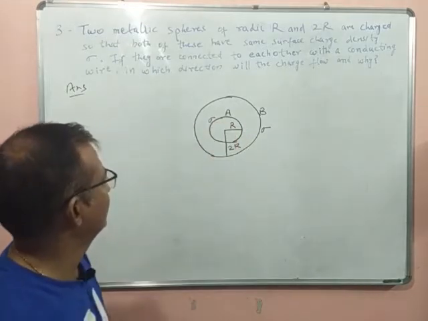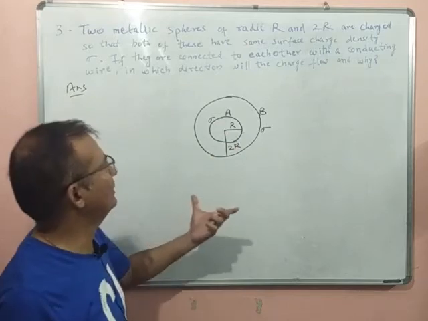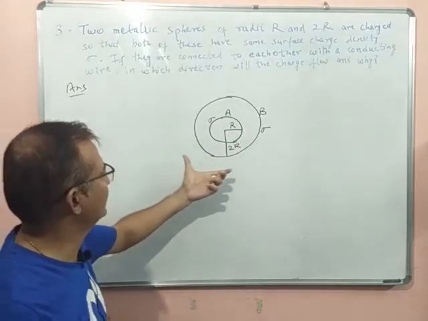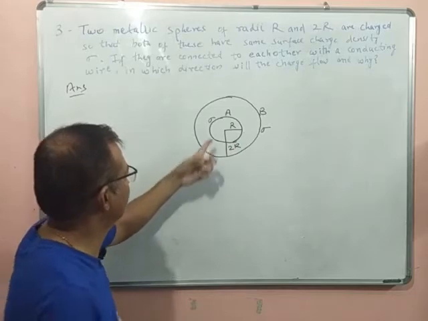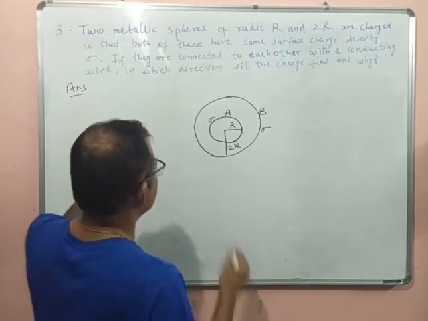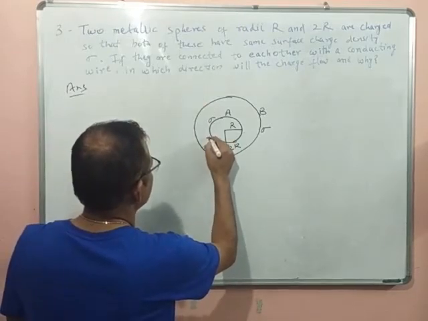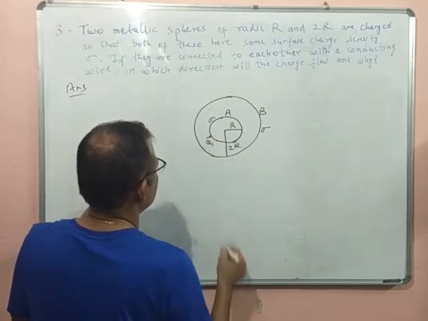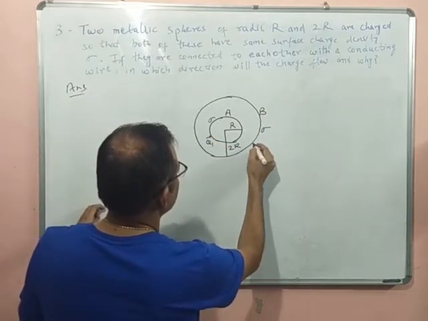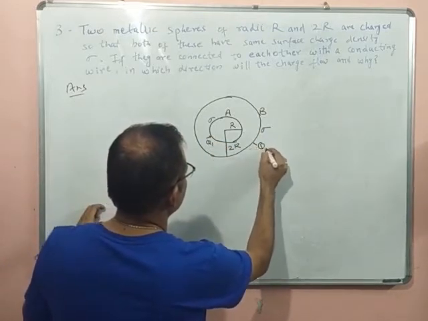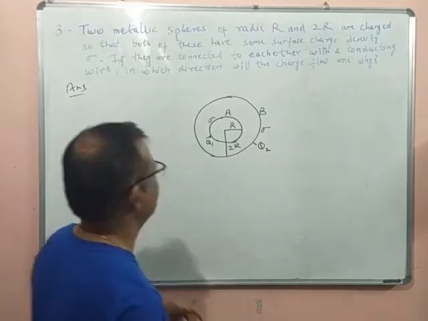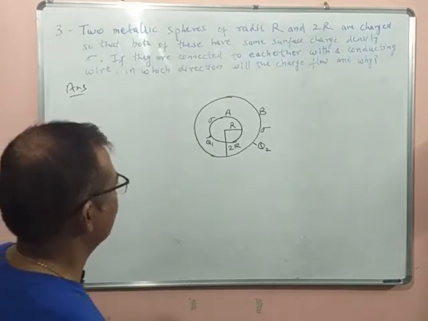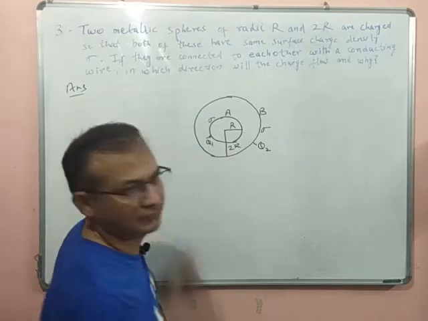Okay, so what will be the amount of charge? Because of this surface charge density here the charge is Q1, and because of this surface charge density the charge is Q2. Now what is the surface area of a sphere?